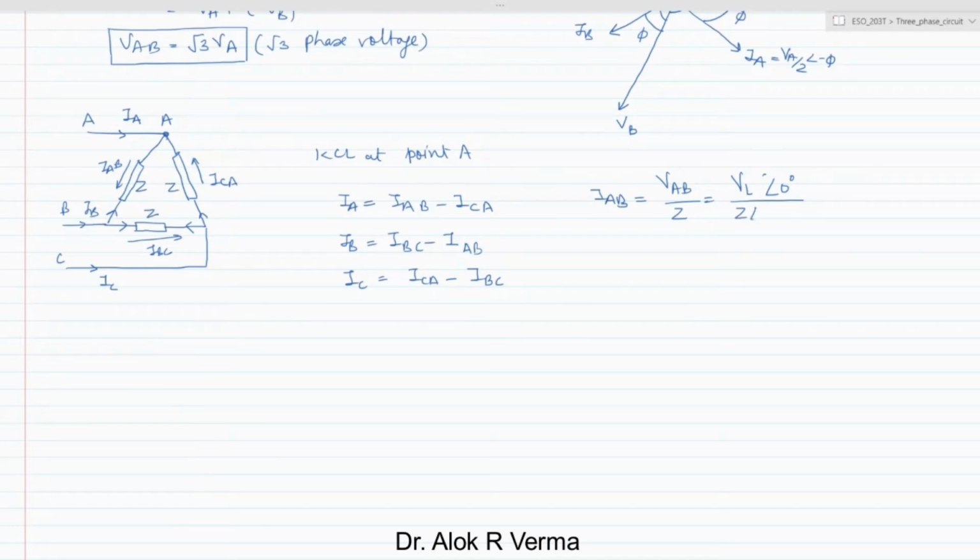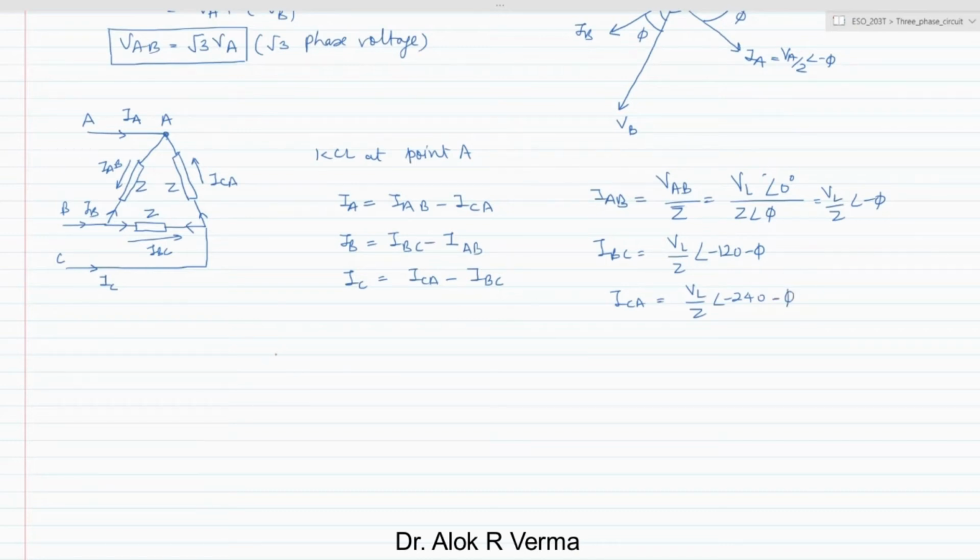So Z is magnitude Z at angle phi. So this is VL by Z at angle minus phi. Similarly, IBC will be VL by Z at angle minus 120 minus phi, and ICA is VL by Z at angle minus 240 minus phi. So these are the values.